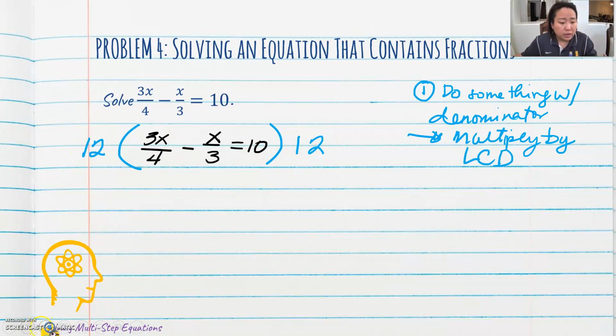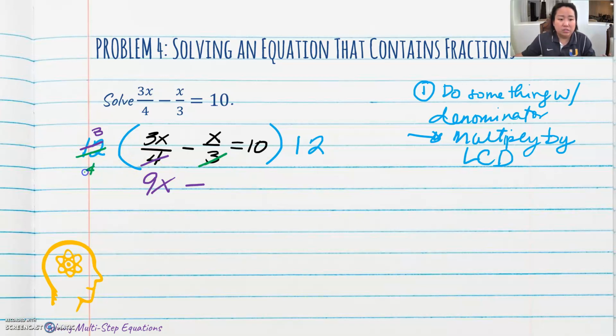So let's take a look here. So we have 12 and 4. The 4 can cancel out. 12 will become 3. Okay, so you now have 3 times 3x, so that's now a 9x, okay? Then you have minus, okay, 3 and 12, if you cancel them, 12 divided by 3, 3 is gone, 12 now will become 4, okay?